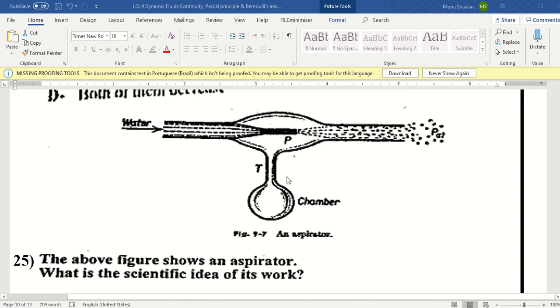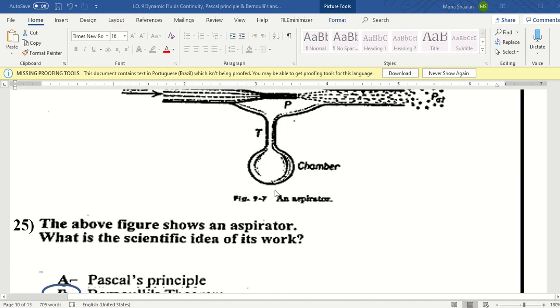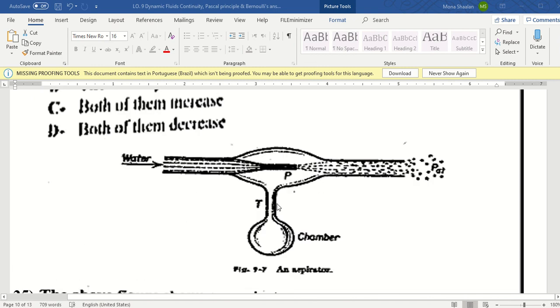This figure shows an aspirator. What is the scientific idea of this work? This is the chamber of a larger cross-section area, and there is a region here to be pushed out with a larger speed, and there is a constriction here. The pressure is high in the larger-area regions.